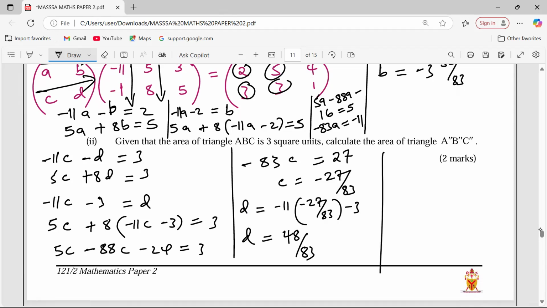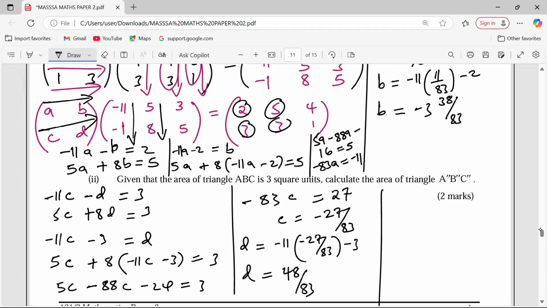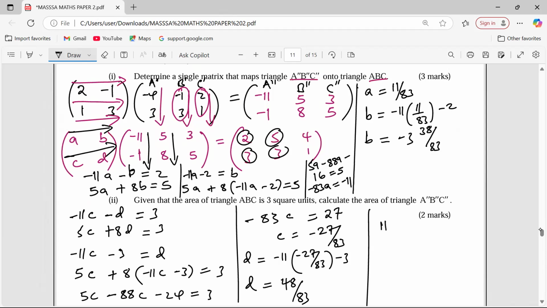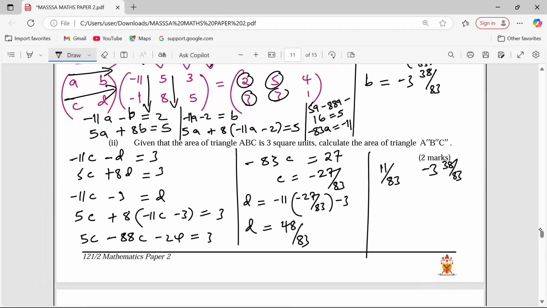So this single matrix now shall be A is 11 out of 83, B negative 3 and 38 over 83, C is going to be negative 27 over 83, and then we shall have D, which is 48 out of 83. So that is the matrix. And that is how we're supposed to work.